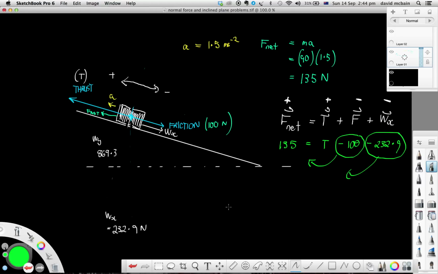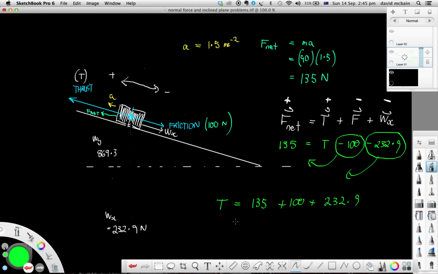So therefore, T is going to equal 135 plus 100 plus 232.9.